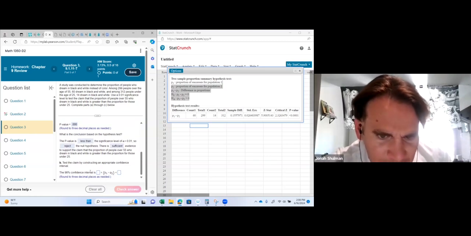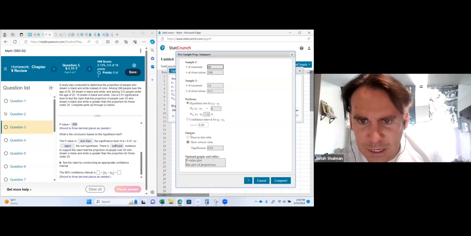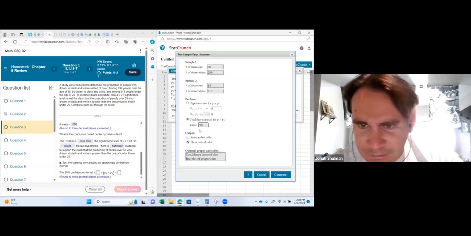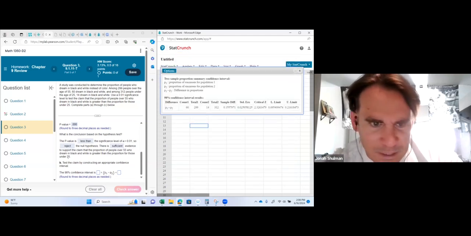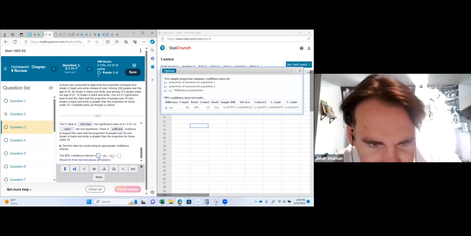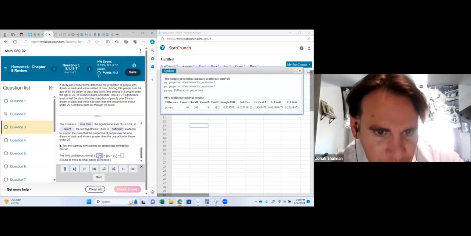So we want to have a 98% confidence interval. So all I'm going to do is just edit this to have the confidence level be 0.98. And so now the lower limit, to 3 decimal places, is 0.095.